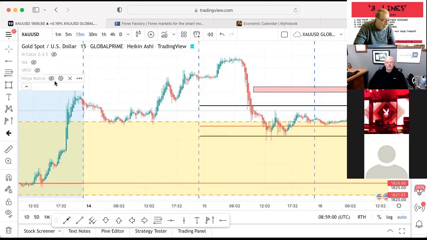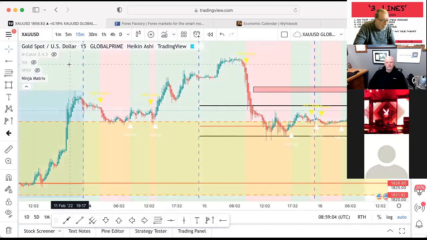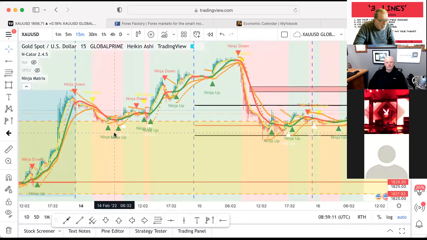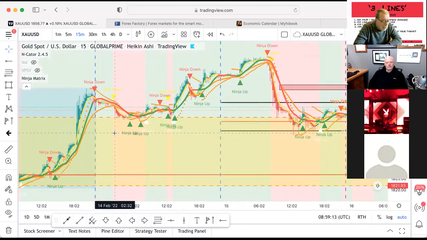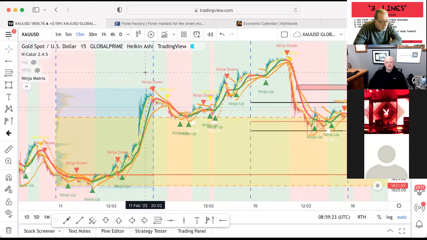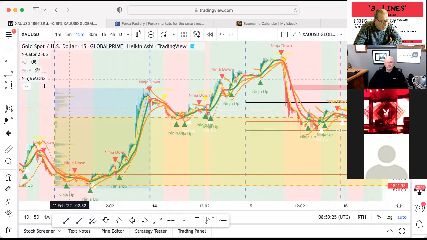So if we put the matrix on and also put the Ninjacator on, this is what we were looking at on Monday. I think what we had on Monday was a POC from a previous day, which was up in this area here.